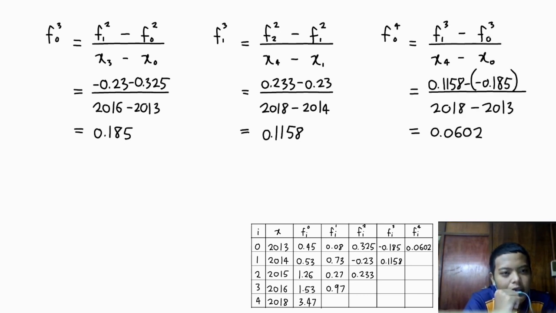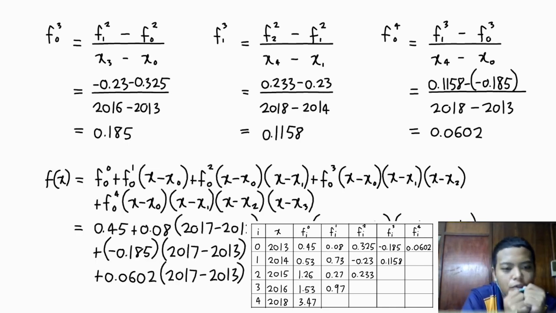So for f to the power of 4, we use this f to the power of 3: 0.1158 minus negative 0.185 divided by 2018 minus 2013, and we get 0.0602.